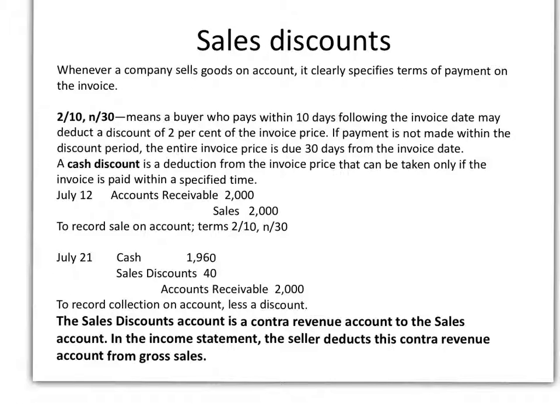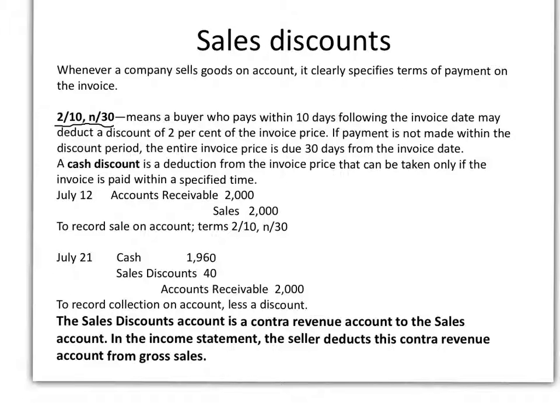But unlike a service company, where the service couldn't be returned and there was no discount on the service, for a merchandise company the transactions are a little different. When we sell goods on account to our customer, we have what are called terms of the invoice, terms of payment. And here you'll see, as we said before, maybe 2/10, n/30.